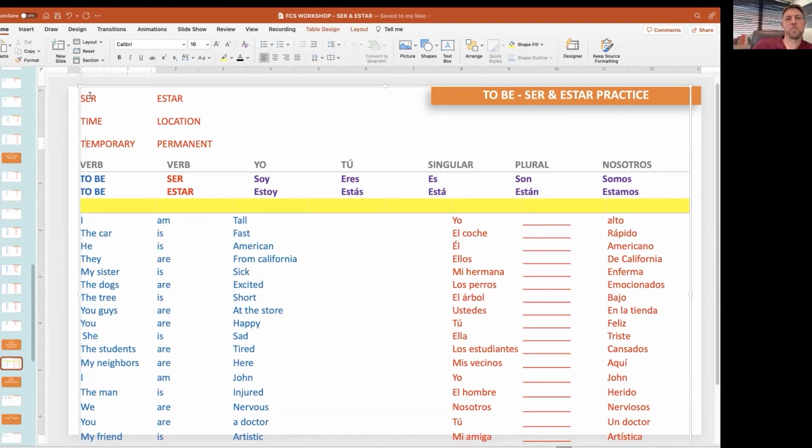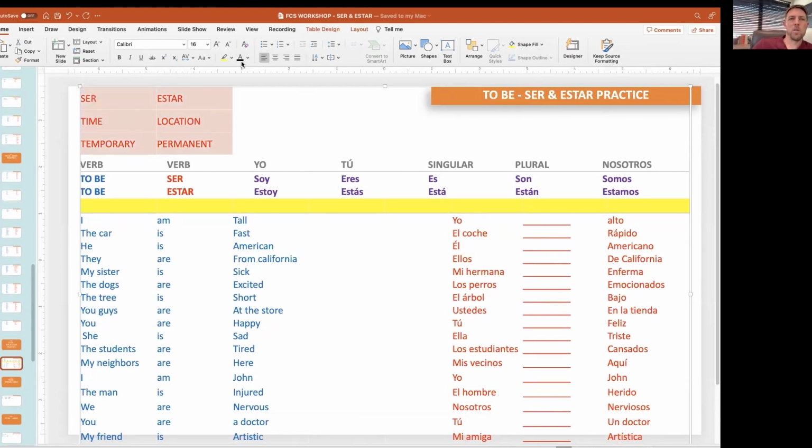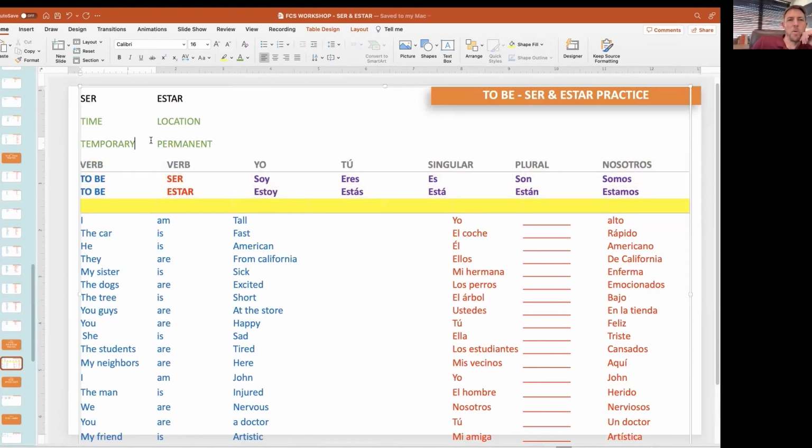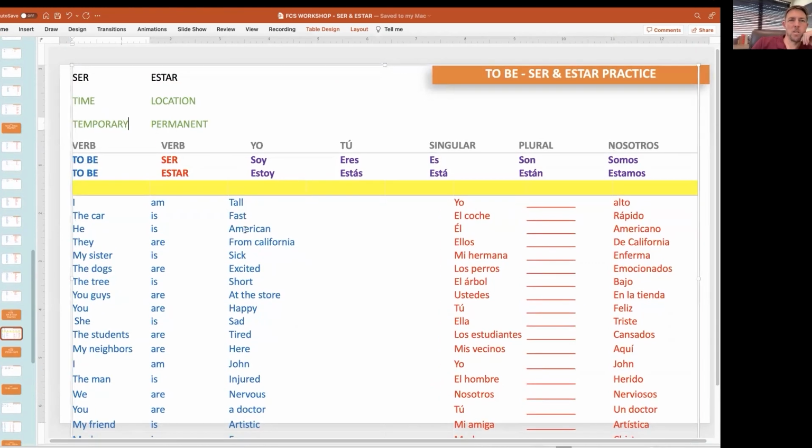But there we go. Okay. So you've got ser and estar. Time, location, permanent, temporary. All right, so you've got the rules up here. You've got the conjugations here. So step one, is it ser or estar? And step two, is it permanent or temporary?